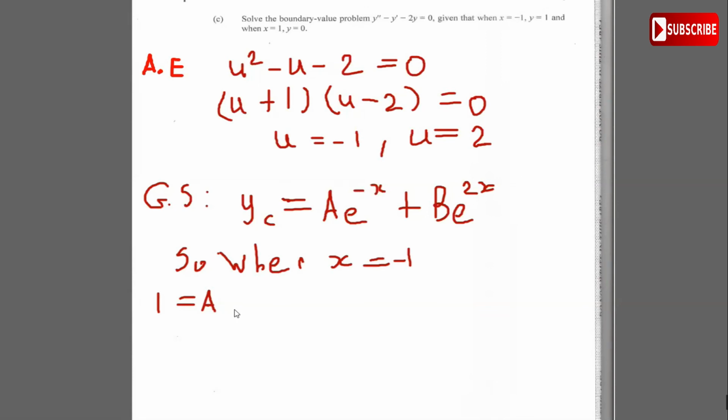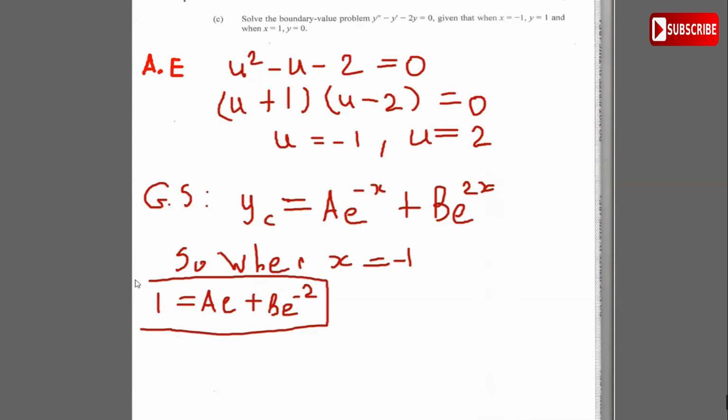So you get A e to the 1, so you get AE, plus, x is minus 1, so you get B e to the minus 2. All right, so you get one equation. This is when x is minus 1.